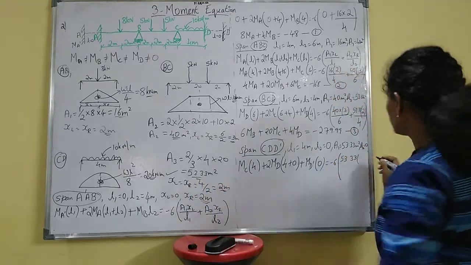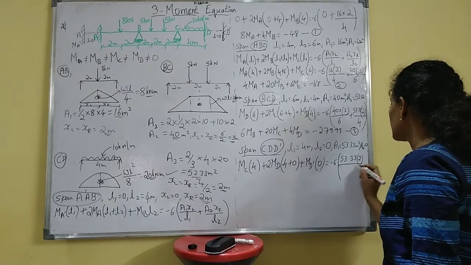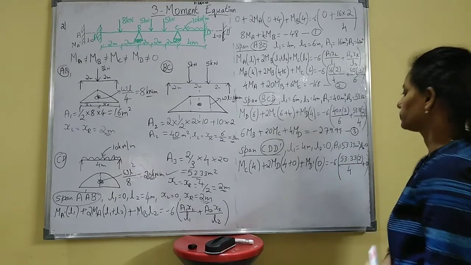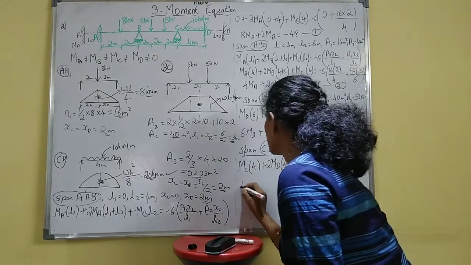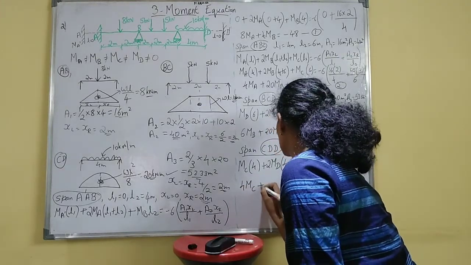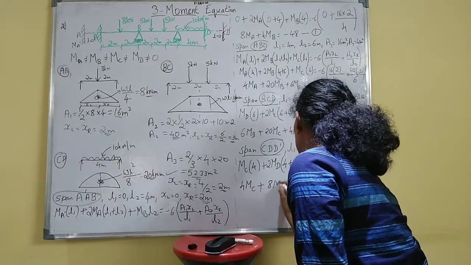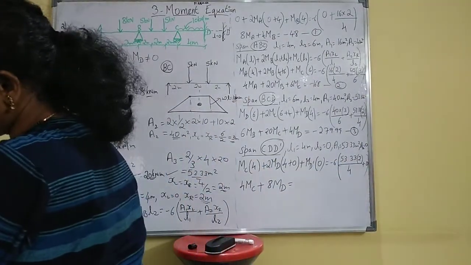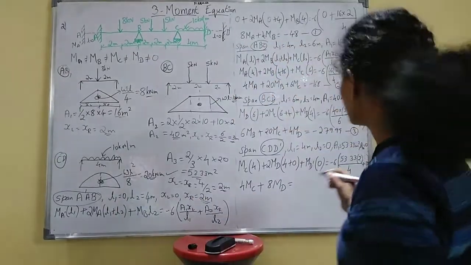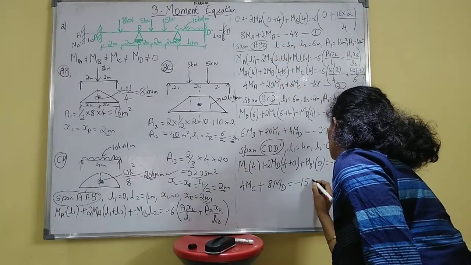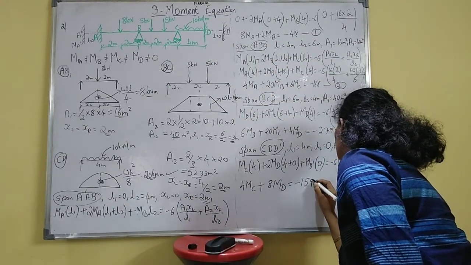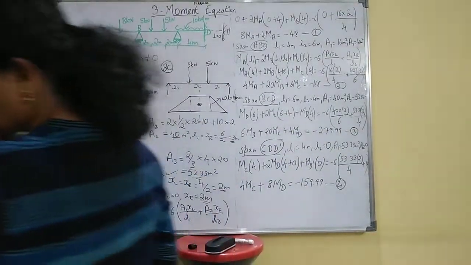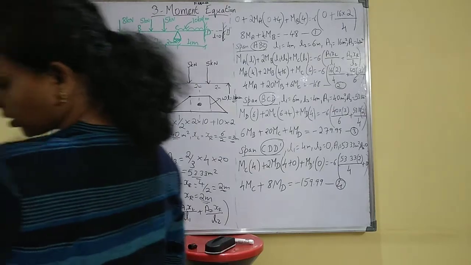XL is nothing but 2 meter divided by the span, 4 plus 0. Okay, simplified, 4MC plus 8MD equal to minus 159.99. Fourth equation.